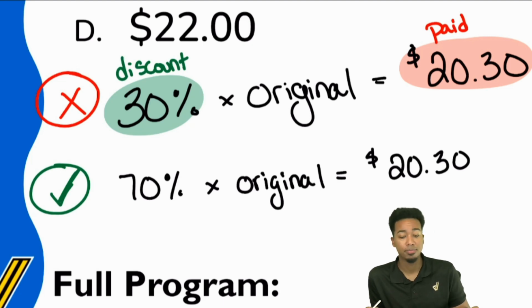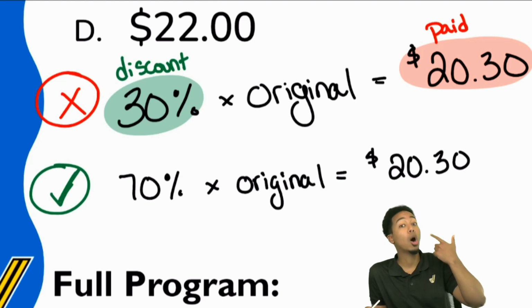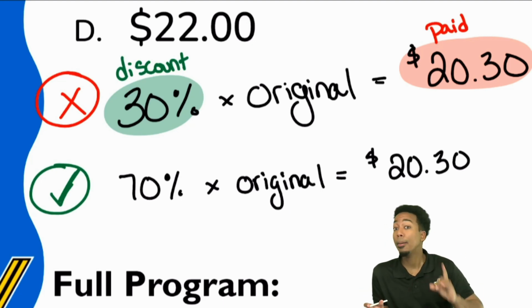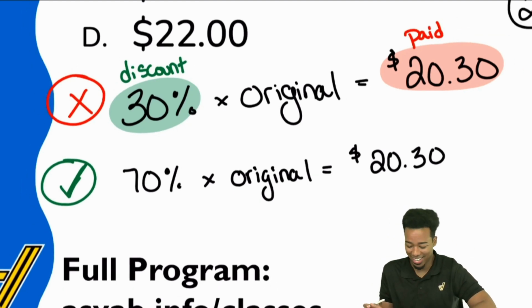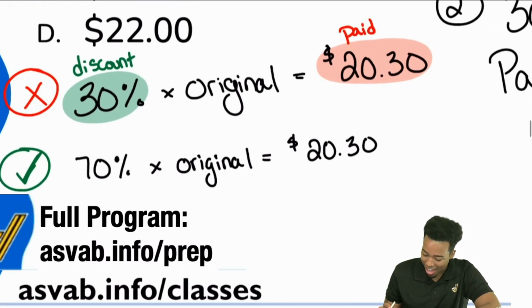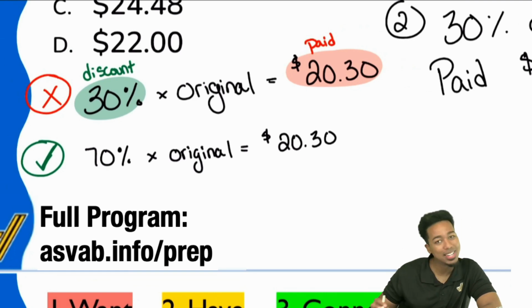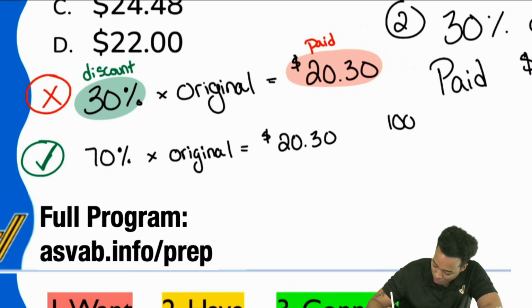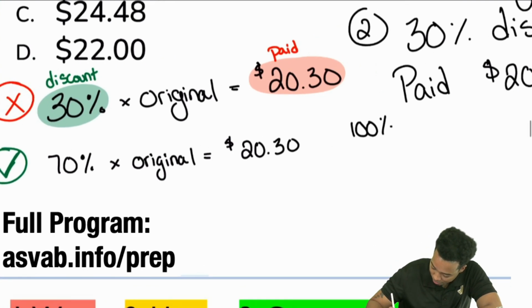100%. 100%, absolutely. Now, think about it like this, everybody. We were supposed to pay 100%, but we received a 30% discount. So if I were to do some math here: 100%, whole thing.